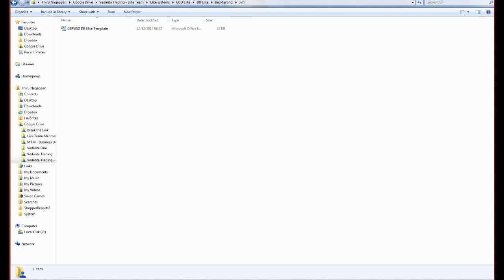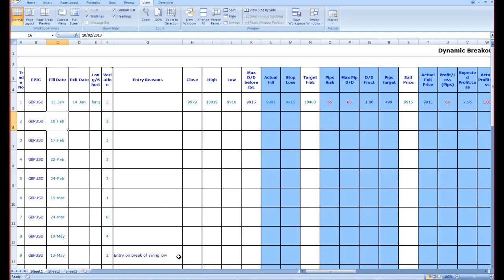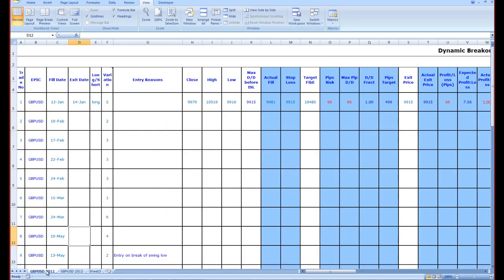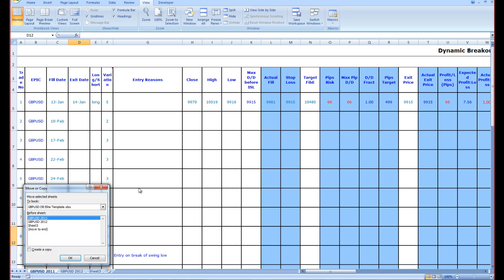That's fine. So going to the DB Elite template, all it has is GBP/USD in here. What we need to do is have 2011 here. So let me write on that tab GBP/USD 2011, and then 2012. Actually, let me just copy this. You can move or copy this and copy the whole spreadsheet.